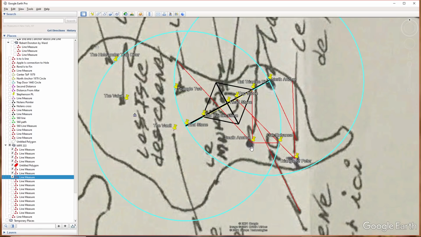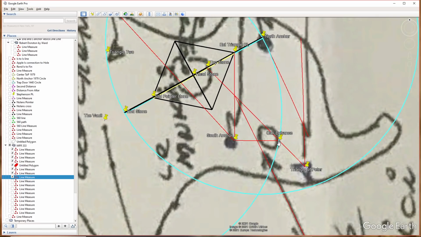Now that's interesting, because now we're locating the south anchor, and we've pretty much verified where the oak entrance is through the 1347 circle, and now the 45-degree line and the east-west line of the south anchor.